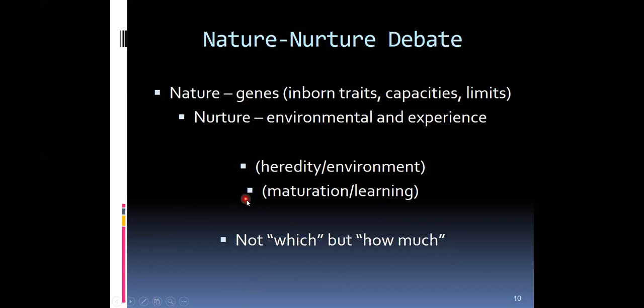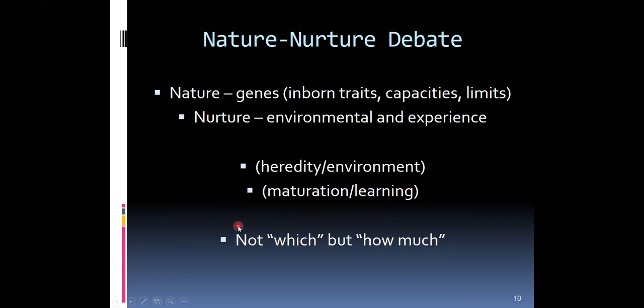Or this might also be phrased as the distinction between maturation and learning. So maturation is just the natural process that the body goes through, whereas learning is something that is dependent upon our environment and the opportunities for learning in our environment, the situations we encounter, and so forth.